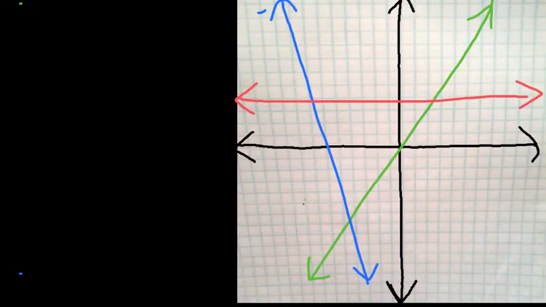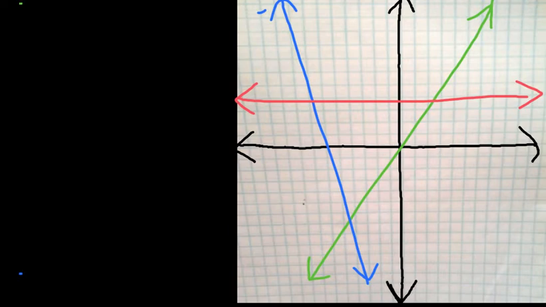Okay, let's find the slope of these three lines using the graph. Let's start with the green line. What we need to find on the green line are two for sure points. Keep in mind that it's hard for me to draw lines on the tablet. It's quite interesting actually. There's a lot of retries.